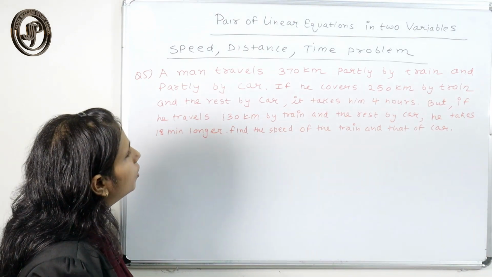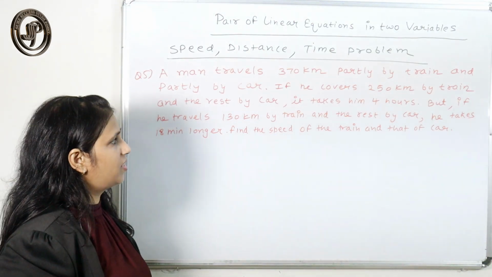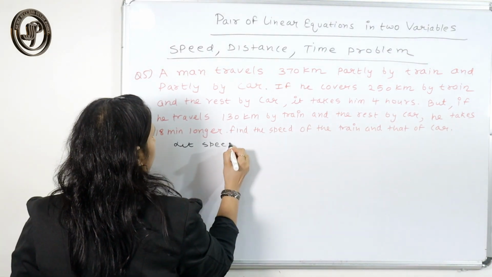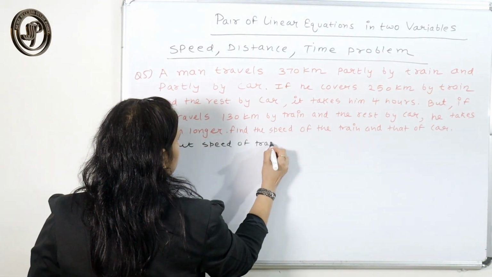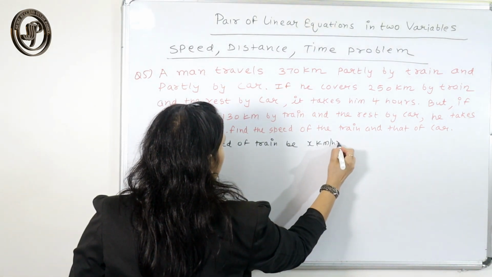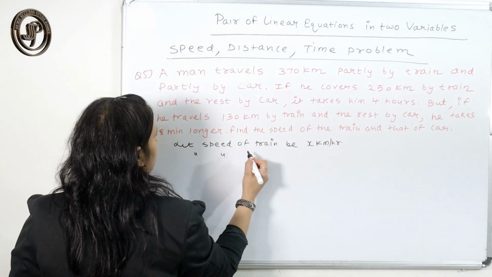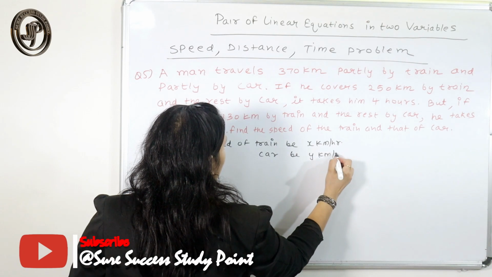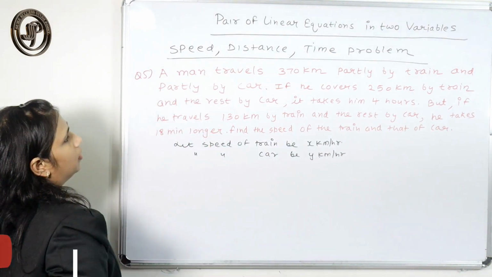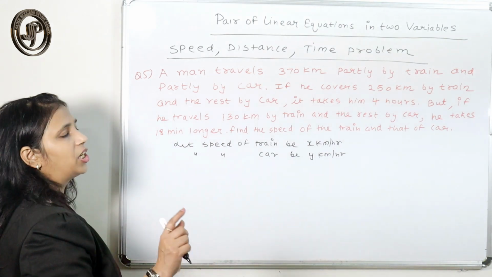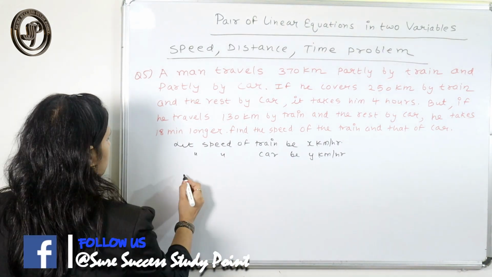If he covers 250 kilometers by train, let the speed of train be x kilometer per hour and speed of car be y kilometer per hour. Then it covers 250 kilometers by train, so time will be distance upon speed.